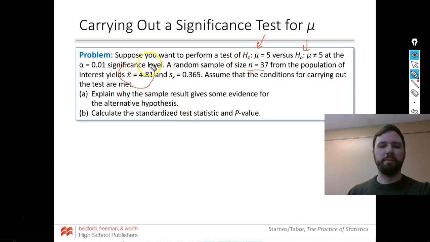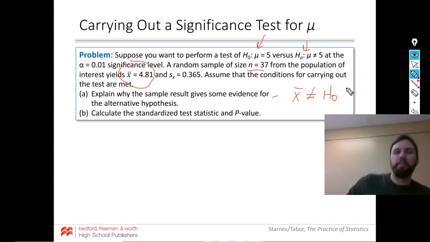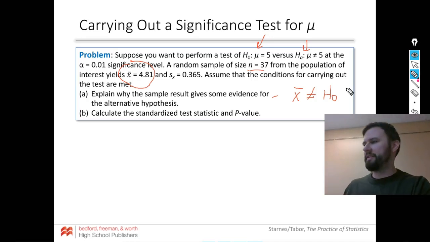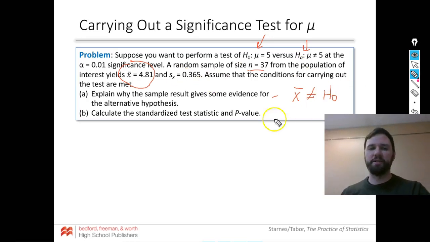Because our sample mean didn't equal our null hypothesis, so maybe it's not true. Most people just say, well, it's not 5, so that's the answer. But let's see if that's actually significant. Let's find the test statistic and the p-value.